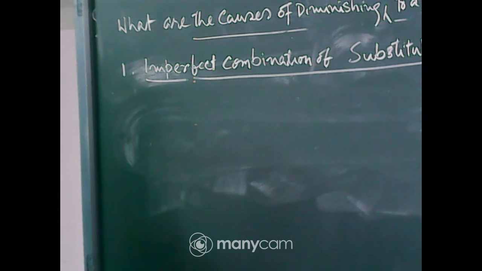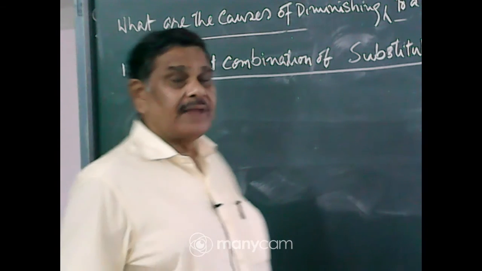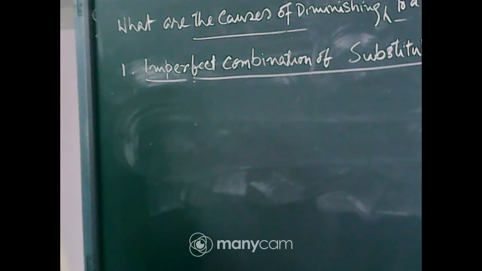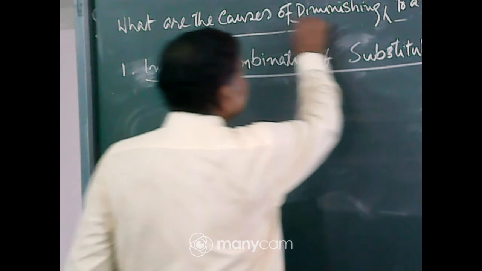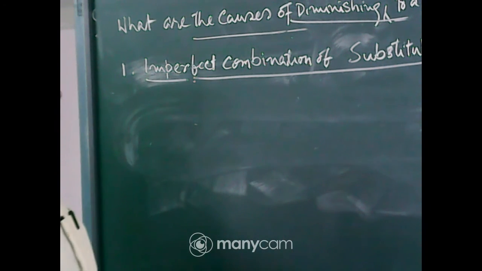Therefore, if instead of machine and tools, more and more workers are employed, production will not increase at the same rate, it will decline. So this is imperfect combination, which is the reason of diminishing returns to a factor. It is one of the reasons, that is imperfect combination of substitutability.